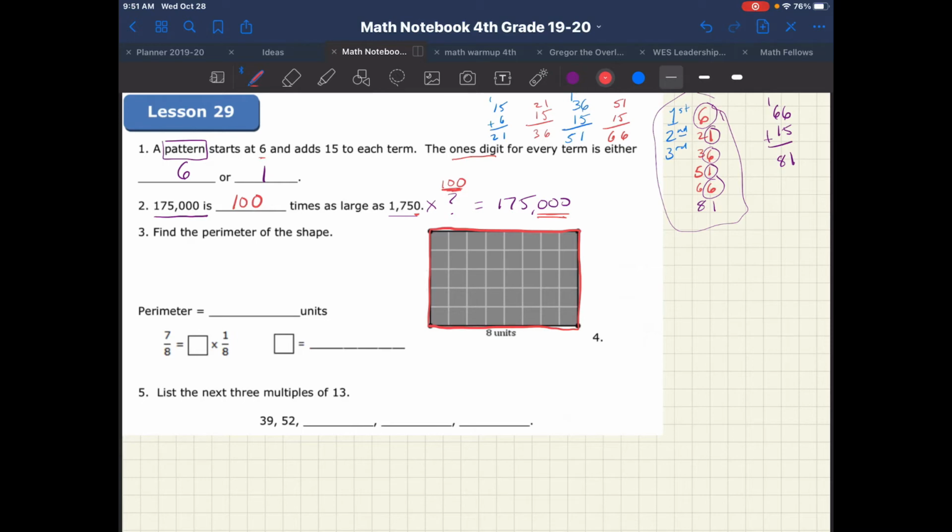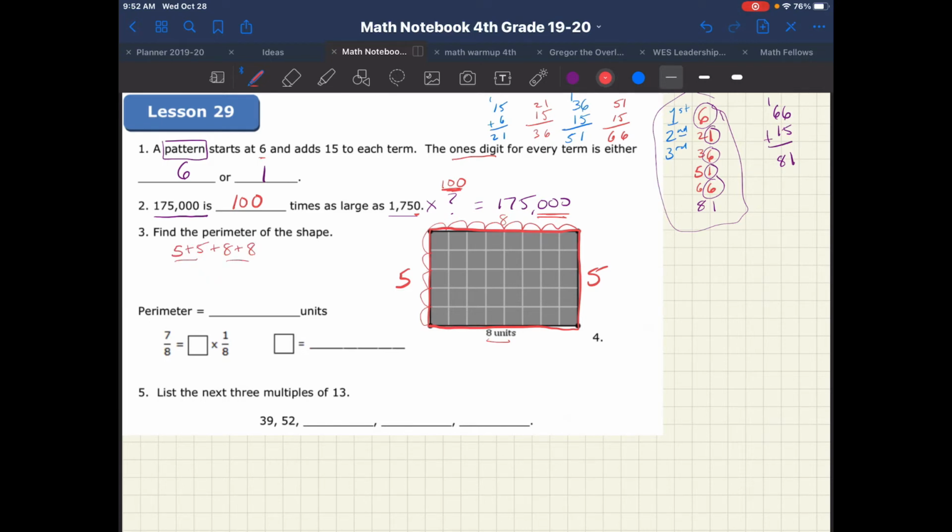So this, let me see, is 1, 2, 3, 4, 5. So there's 5 there. It tells me it's 8. Right here it says 8. So it's 8 across. 1, 2, 3, 4, 5, 6, 7, 8. Yep, that's 8. Opposite sides are the same, so 5 and 8. So 5, 8, 5, 8. How much is that? 5 plus 5 plus 8 plus 8.